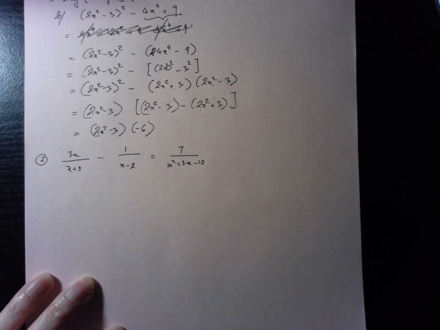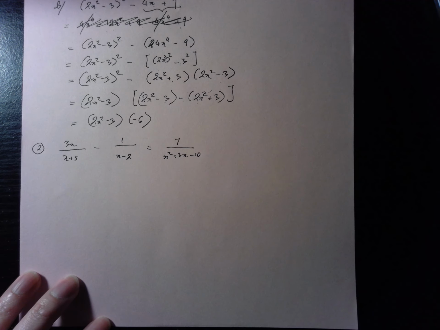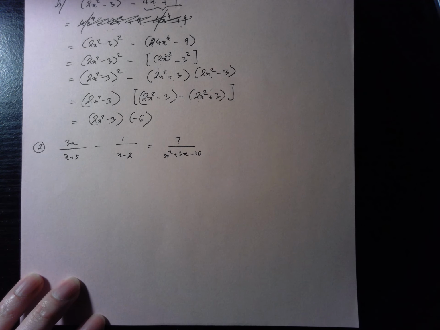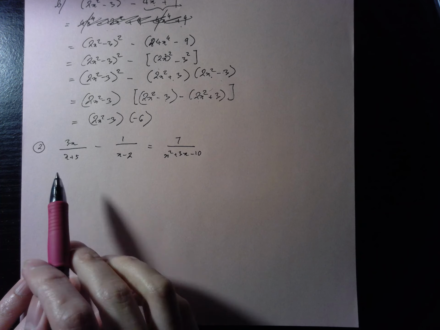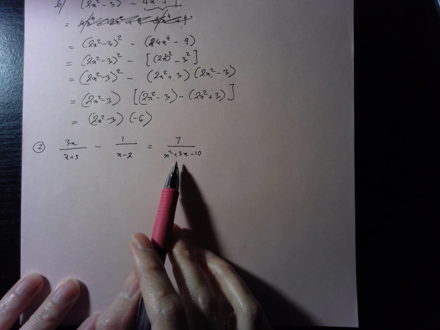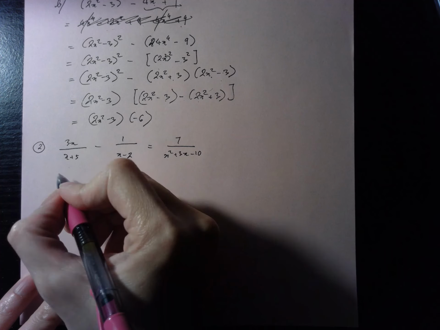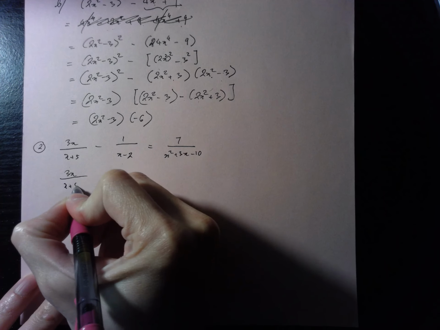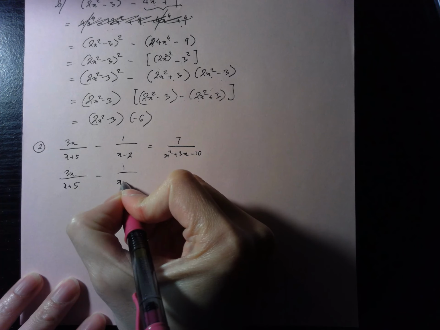In the lecture, I told you that every time you see a rational equation, you have to factor as much as you can. This cannot be factored anymore. This cannot be factored anymore. But this one can be factored more. So you have to factor them out.